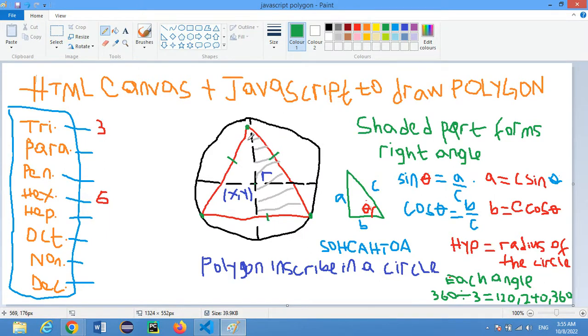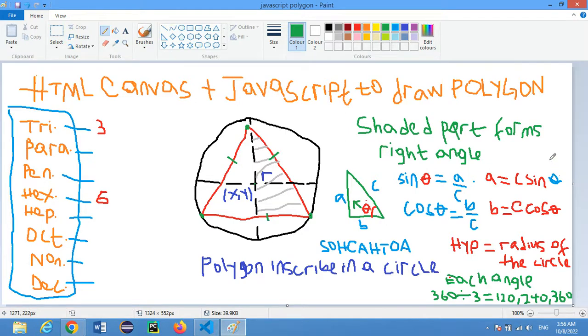Now, I have created a shaded portion after demarcating the circle into two, and the shaded portion forms a right angle triangle. Using Pythagoras theorem, where this side is A, this side is B, this side is C, SOHCAHTOA says sine is opposite over hypotenuse, that is A over C, and when you cross multiply, A will be equal to C sine theta.